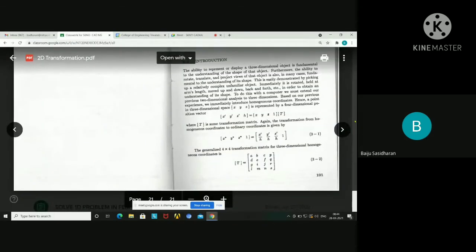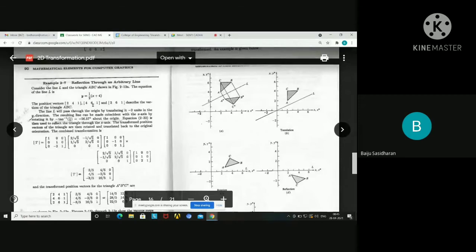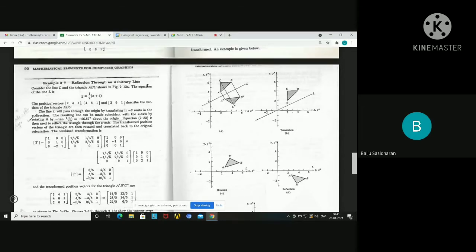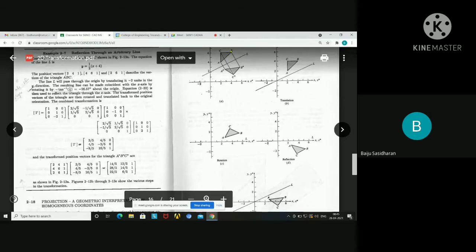In the textbook it is also available, under reflection through an arbitrary line. This is the line, this may be the triangle, and this will be the reflected one. This is the desired result for which we have to do the operations.